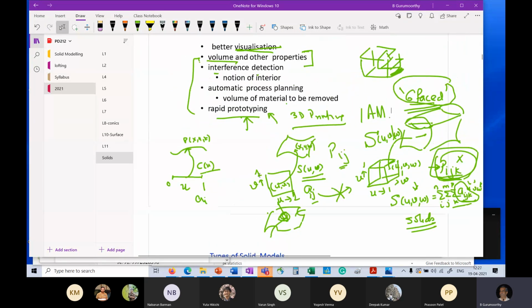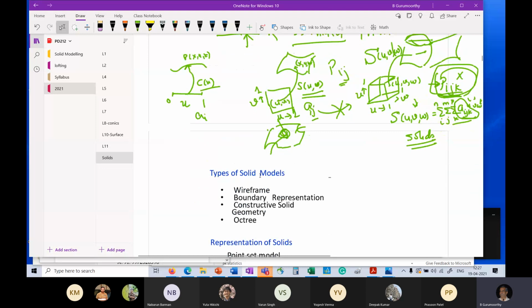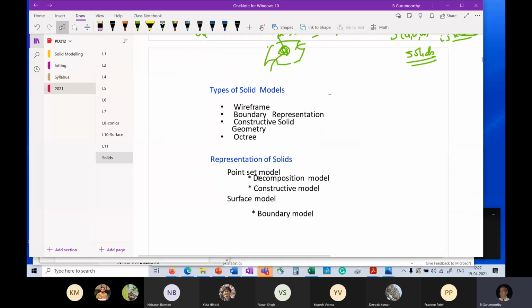Right. But there's another way to look at the representation of solid models. The first one that is of interest to us immediately, we want to study this first, is that you see it as a collection of points. Okay, I have a whole bunch of points inside, and my representation is a representation of those points. But obviously, I'm not going to list every point X, Y, Z, right? We cannot do that.